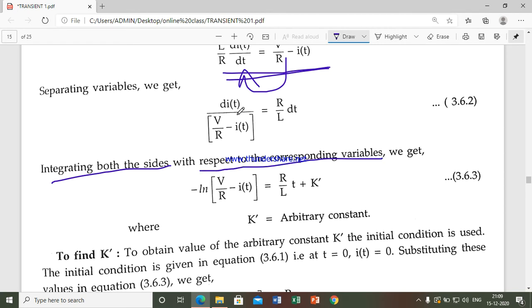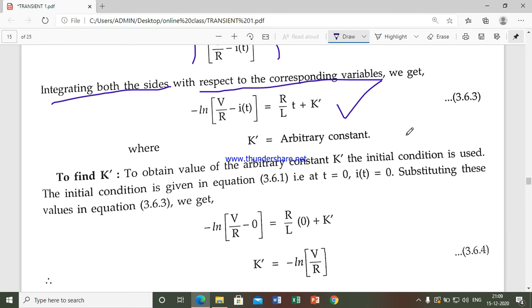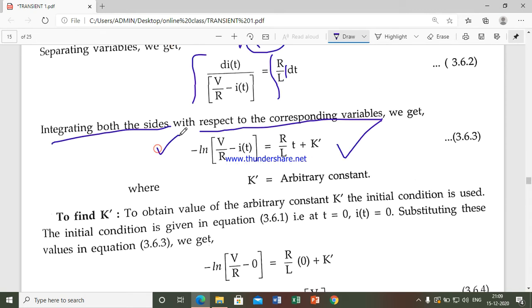If you do integration on both the sides, integration of this term is nothing but ln of V by R minus I of t. This is equal to the integration of a constant, which is nothing but t, and you will get this expression.